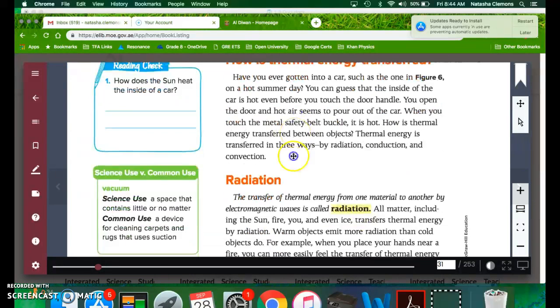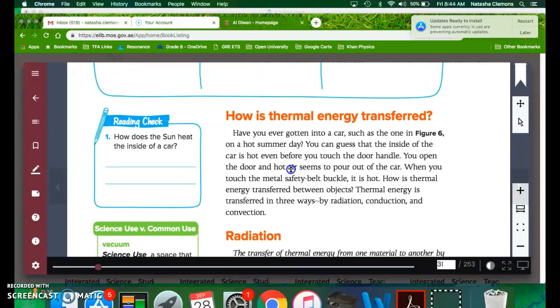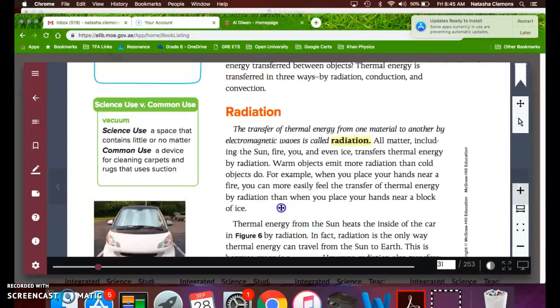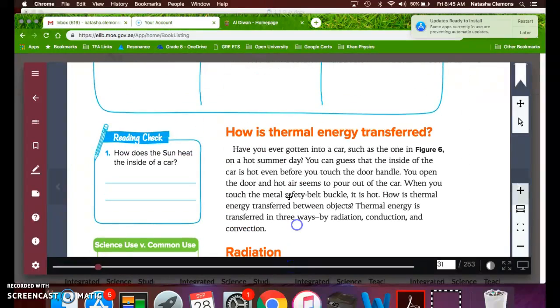All right, I am on the red header, how is thermal energy transferred? And this is page 16. Okay, how is thermal energy transferred? Have you ever gotten into a car, such as the one in figure 6, on a hot summer day? You can guess that the inside of the car is hot, even before you touch the door handle.